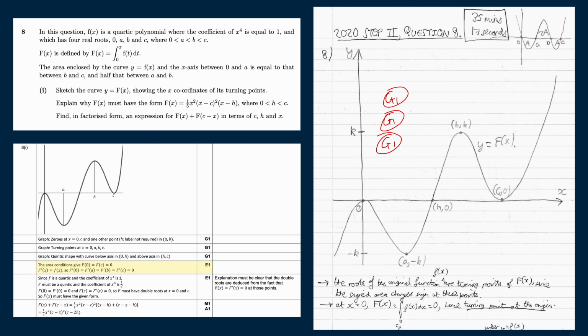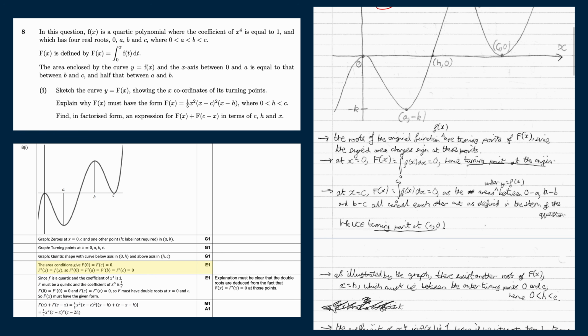Even though the question does not say to explain the features, unless the question uses the phrase state or write down or otherwise specifically says without workings, you should always assume that some justification is required. So that first E mark is for justifying the x-intercepts at 0 and c and the turning points at a, b, and c. Luckily the student has indeed realized that we're going to need to justify this.